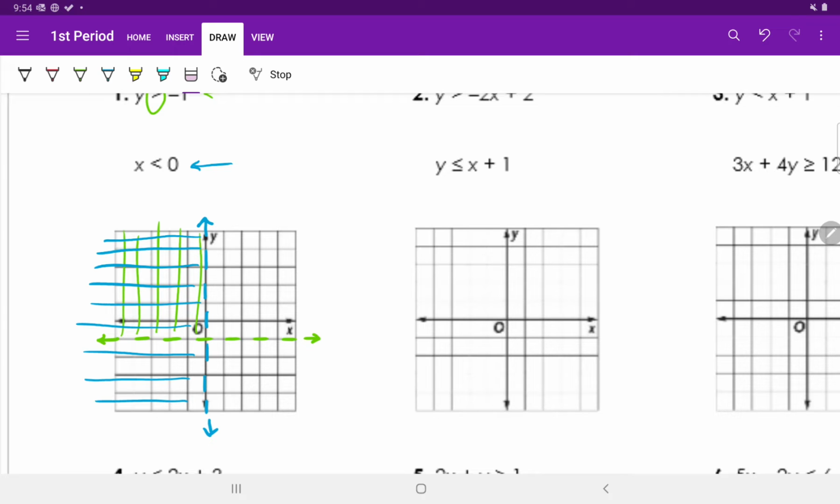And down here, these are blue solutions, but they're not green solutions. The only region where we have solutions for both the blue inequality and the green inequality is this region over here on the top left. So this is what our answer would look like: two dotted lines with a shaded region on the top left.